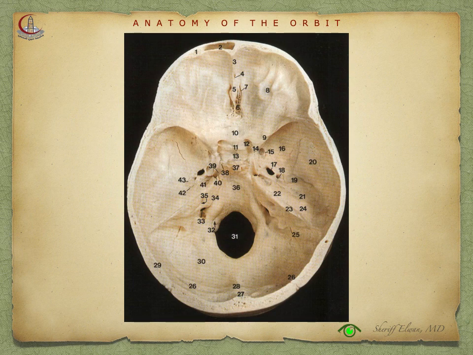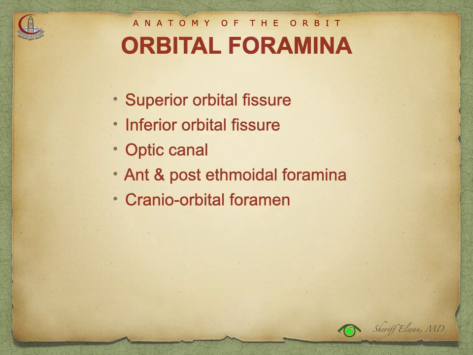The anterior cranial fossa is directly related to the orbits through the roof of the orbit, which is formed here by the orbital plate of the frontal bone. The middle cranial fossa receives the optic nerve via the optic foramen, and the posterior cranial fossa is characterized by the presence of the foramen magnum, which is number 31 here.